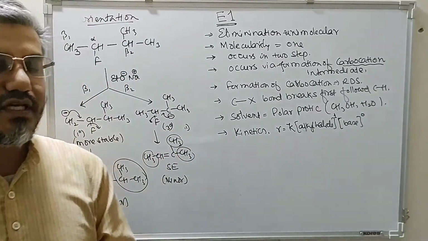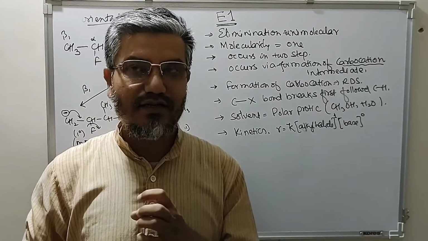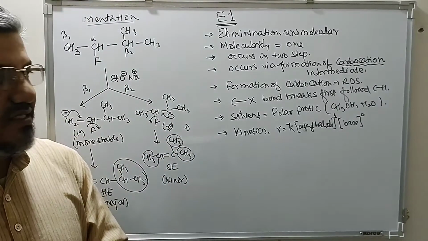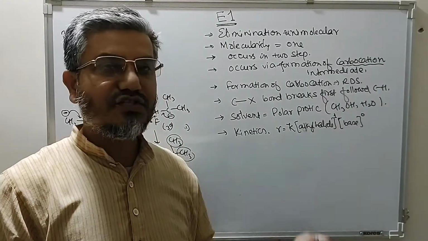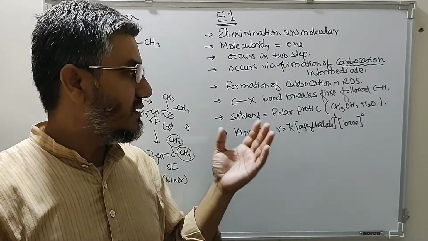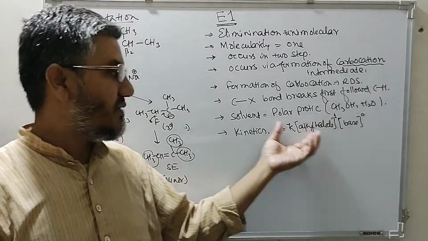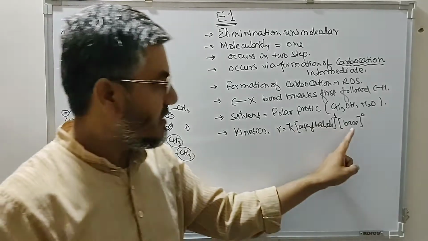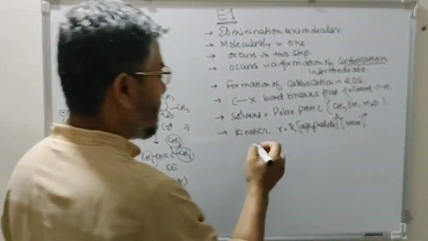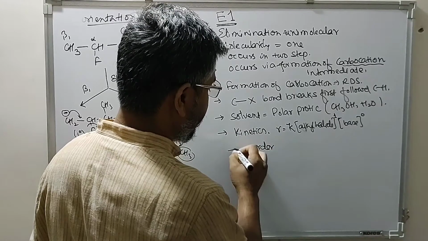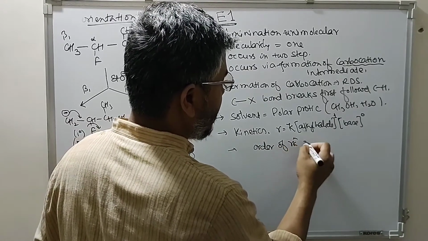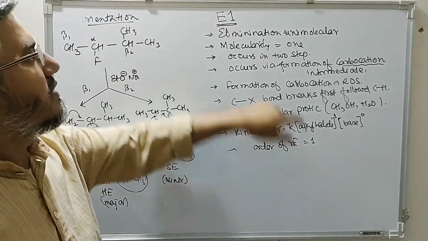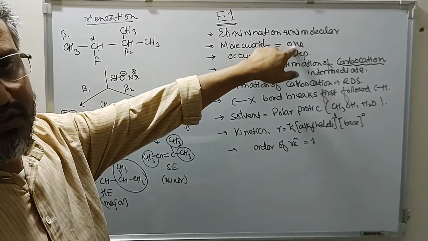In most cases, the solvent itself acts as a base for this E1 reaction. If we change the nature of the base, it does not have any bearing on the rate of the E1 reaction. This is independent of base, and the order of reaction is 1. This is a first order reaction. The 1 in E1 doesn't mean the order of reaction is 1; it means the molecularity of the reaction is 1.